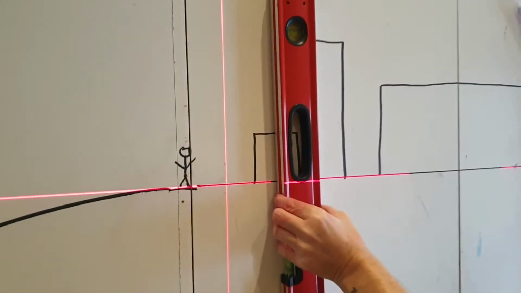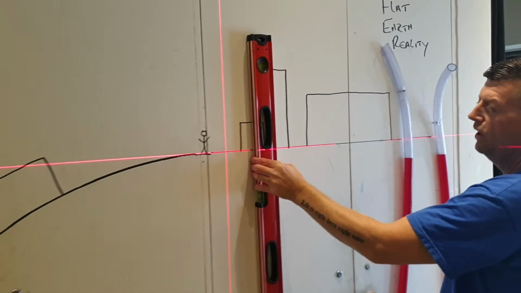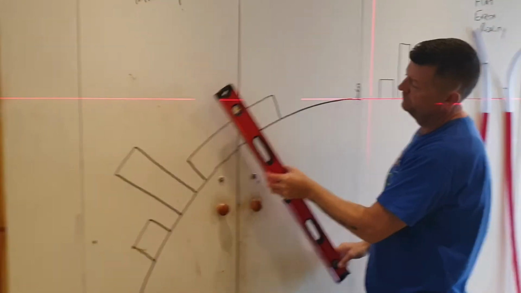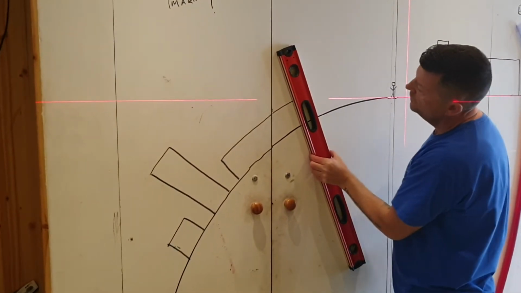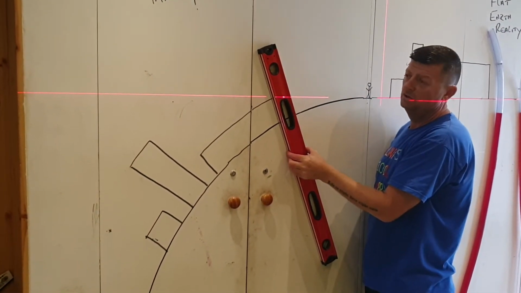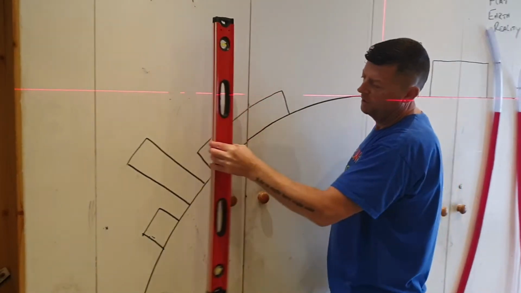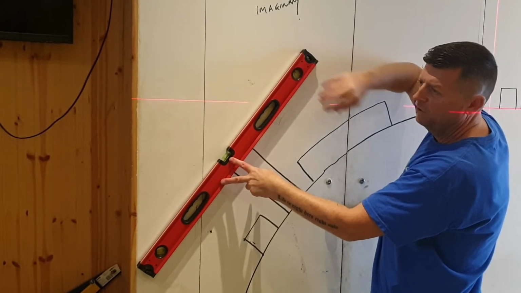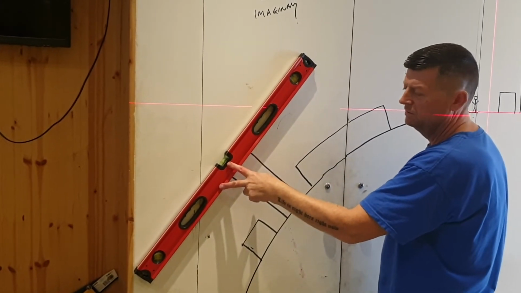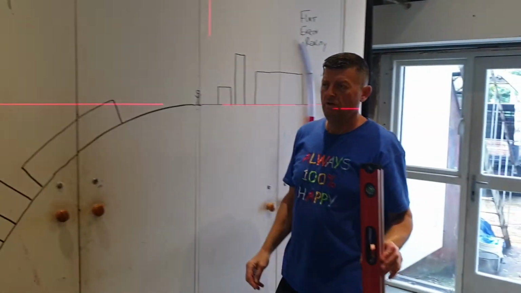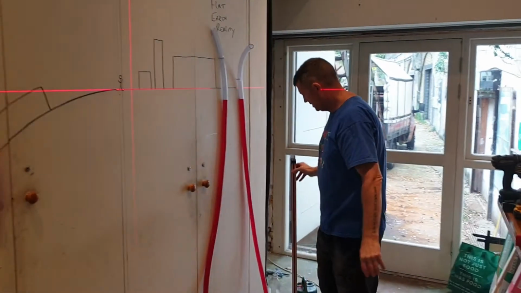So we can use this to build our buildings and structures on a flat earth. But what about if we go to a globe earth? The bubble's not in there. It cannot be used for plumb. Or we can stick it on the top of the building, and you can see that we cannot use it for level. So we can't use this to measure anything on a globe earth.